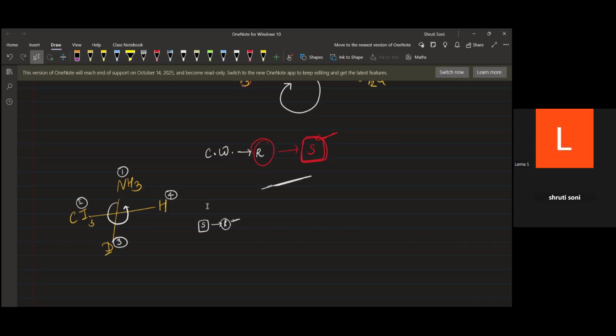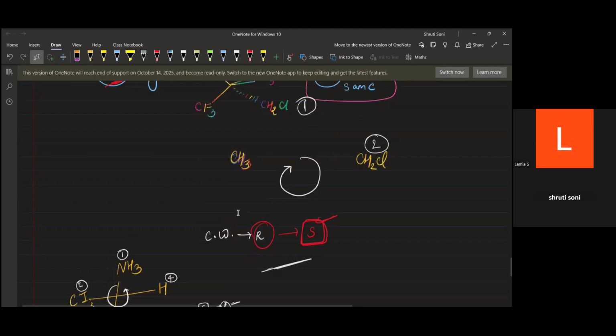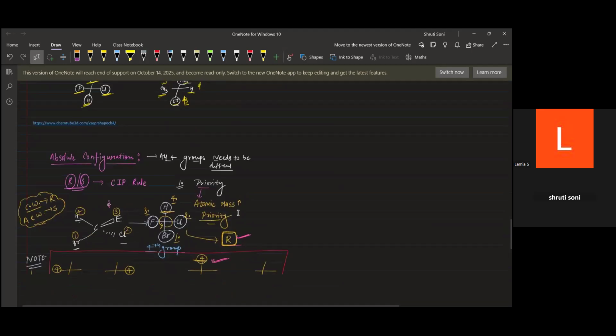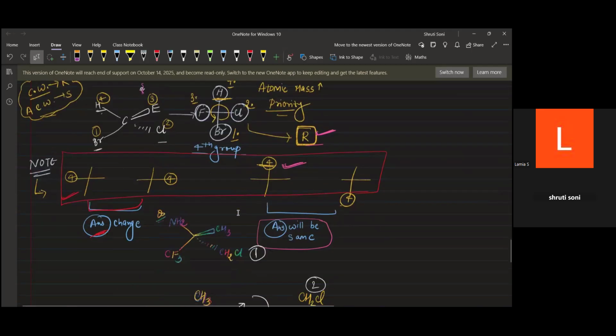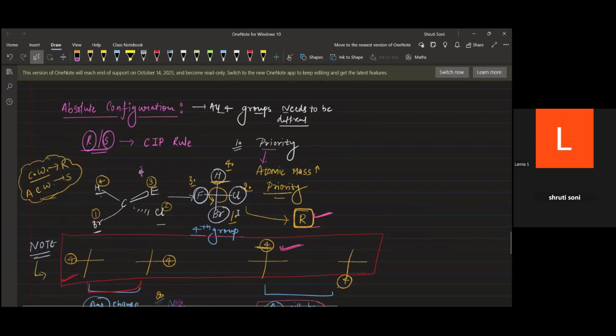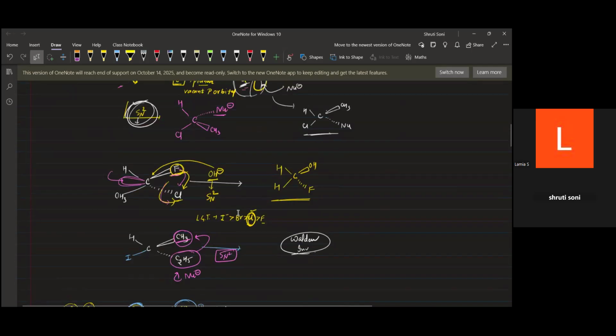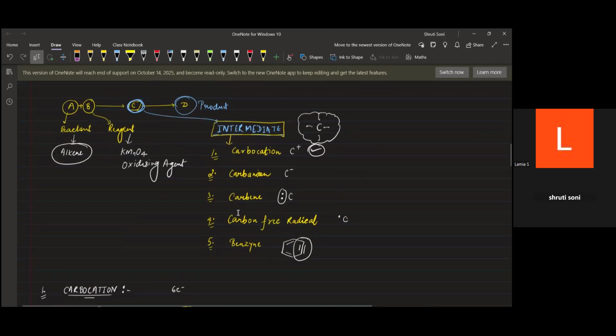Do you want to take a screenshot for this one, or note it? No, I want to take screenshots. Okay. So firstly, you will take it at the start of class. From here you can take.